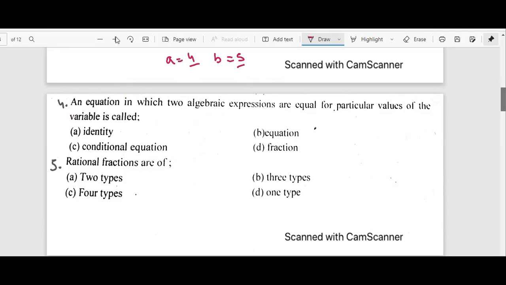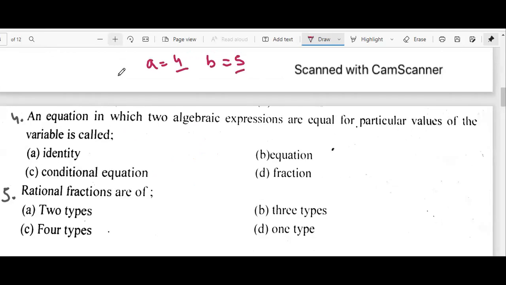Now we have the fourth question. An equation in which two algebraic expressions are equal for particular values of the variable is called. Okay, now this is what you guys have been doing, right?